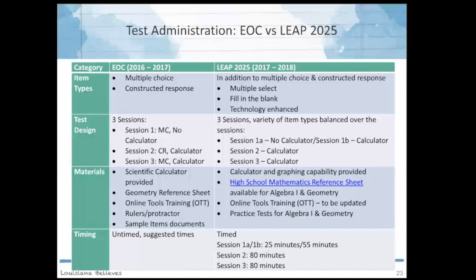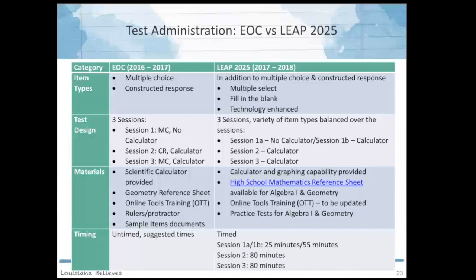We are working to modify this situation to be able to provide a graphing calculator. We are working towards that right now. So we will include more specific calculator information about what's provided online once that is settled, which hopefully will be soon.